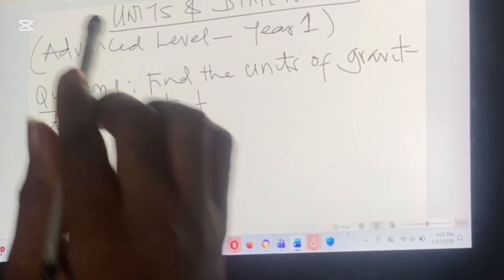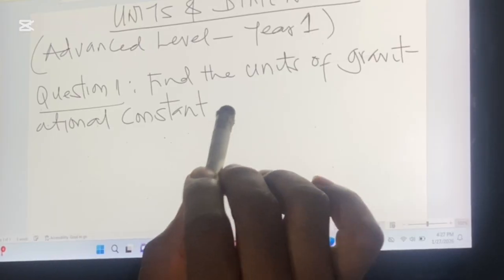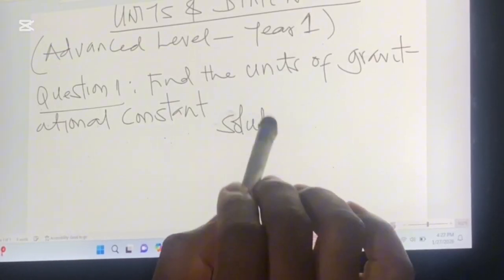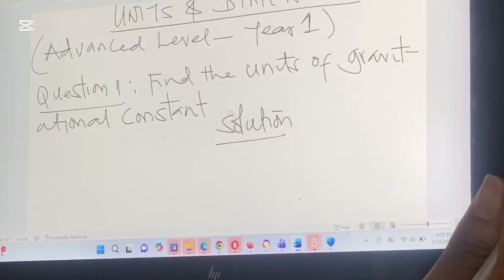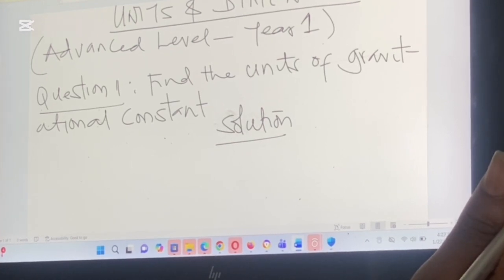All right, now solution first. We are asked to find the unit of gravitational constants. So the first thing here is to write down the formula of gravitational constants.